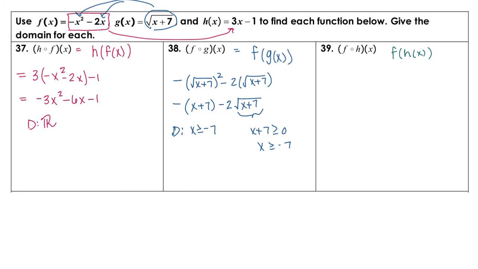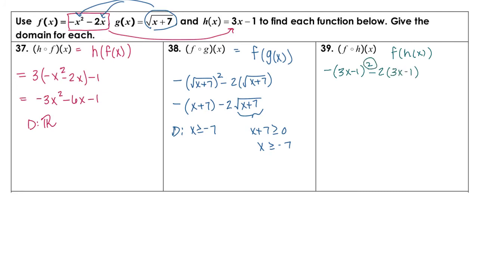So we need to take our function h at x and substitute that in to f of x. So we're going to have negative parentheses 3x minus 1 all squared, and then minus 2 times 3x minus 1.